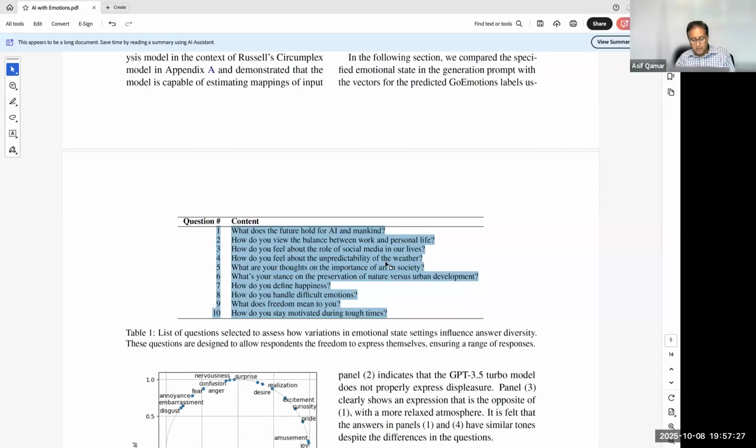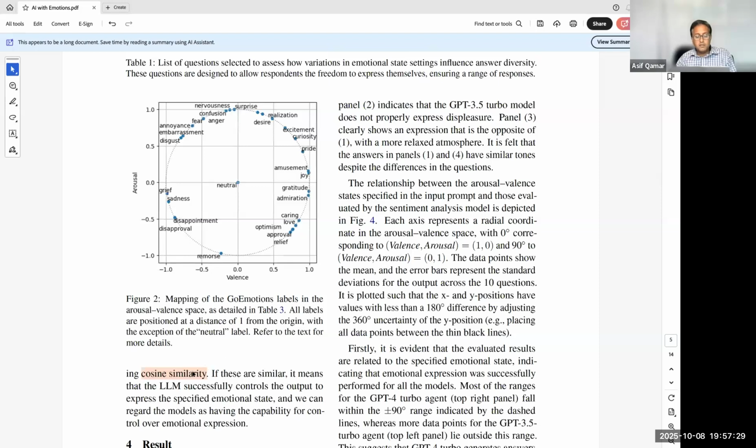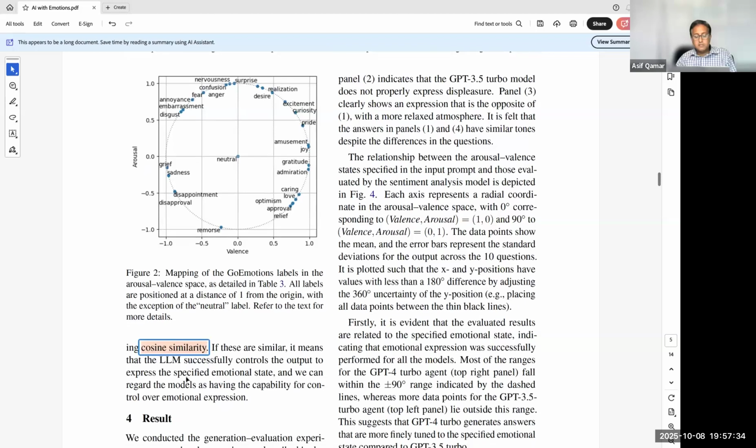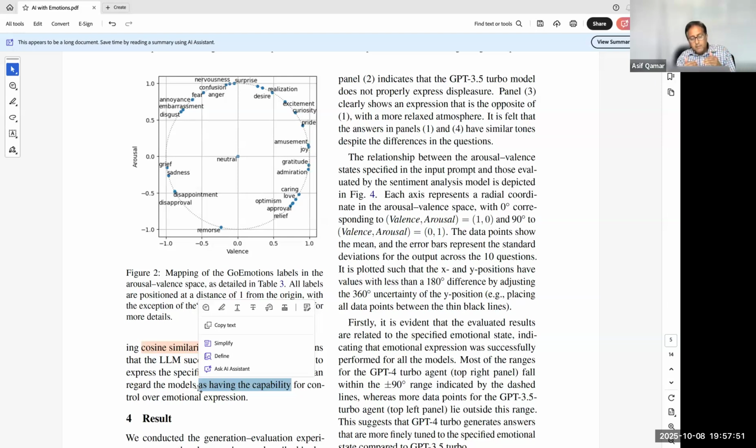Again, they have numbers coming in, but that is the point they are making using the cosine similarity. If these are similar, it means the LLM successfully controls the output to express the specified emotional state, and we can regard the model as having the capability for control over emotional expression. So that's the essence, right? By having a good evaluation framework, they're able to remap the sentiment into the results space and then compare how close they are able to get the response.